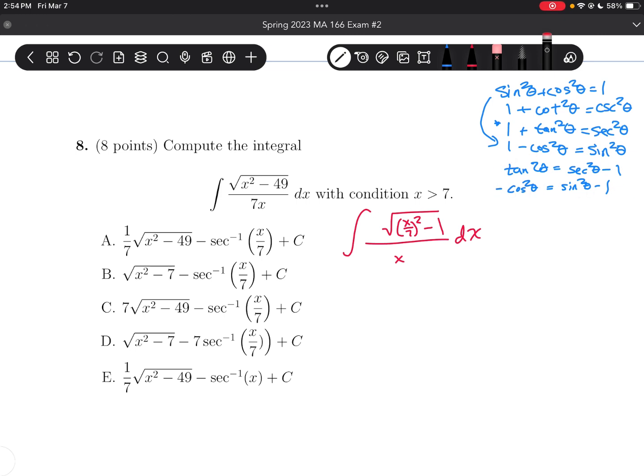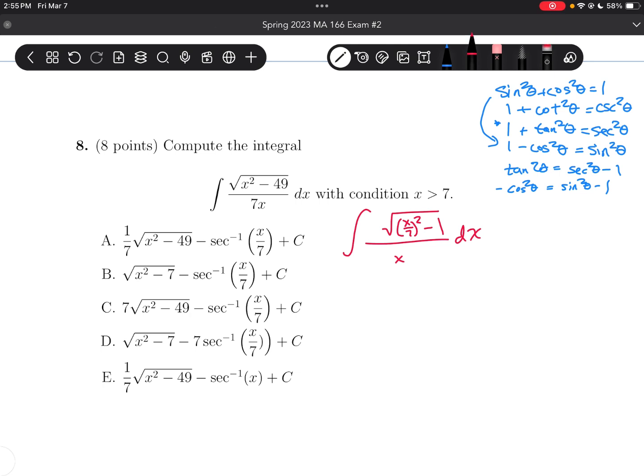And you'll see that I should set x over 7 equal to secant theta. The reason it's not sine theta is because if I did set x over 7 equal to sine theta, the expression under the integral would become negative cosine squared theta, and we can't take the square root of a negative value.